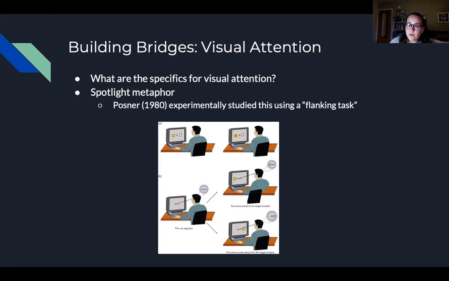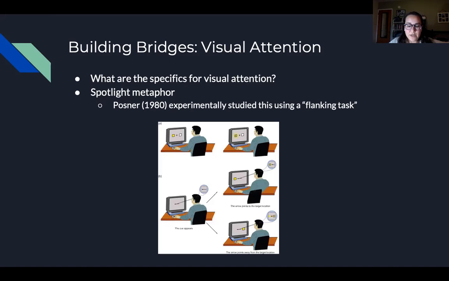In the short video that demonstrates this experiment, the participant is given a cue about which side the target, in this case a black box, will appear on. The cue is just an outline of a box. And then the stimulus that participants respond to, saying which side it appeared on, is this black box.